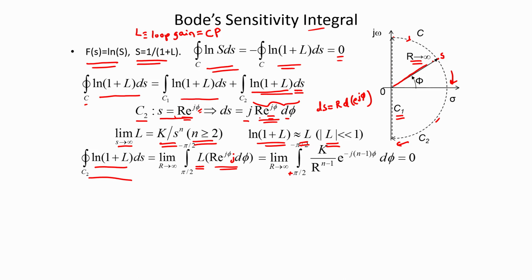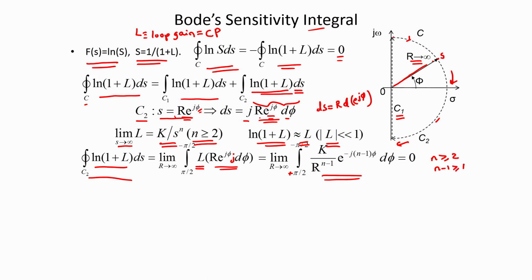So, the expression for the integral of ln of 1 plus L ds on the contour C2 is going to be given by this particular expression, and here we note that n is greater than or equal to 2, and hence n minus 1 is going to be greater than or equal to 1.